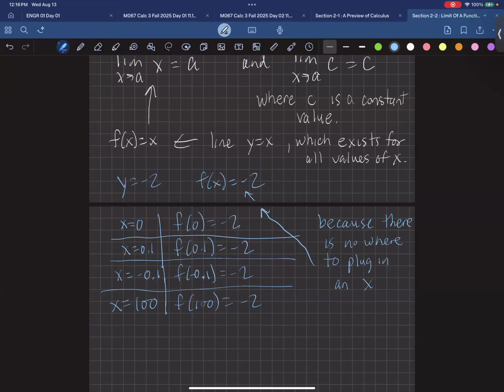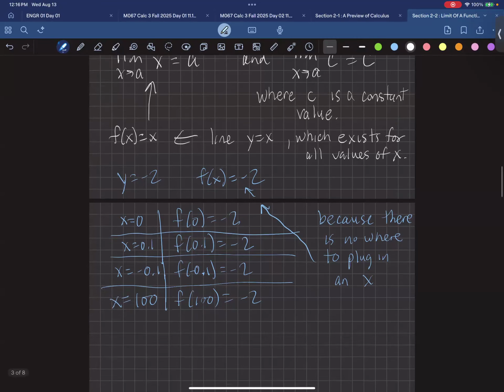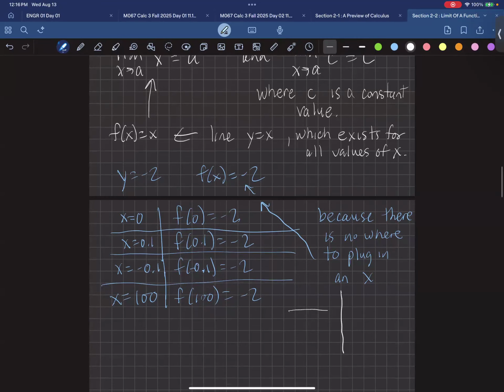It's just -2 no matter what I plug in. Graphically, this is the line. It's my x-axis, my y-axis, 1, -1, -2. That is this line right here. So it doesn't matter which value I'm going near, it's -2 no matter where.